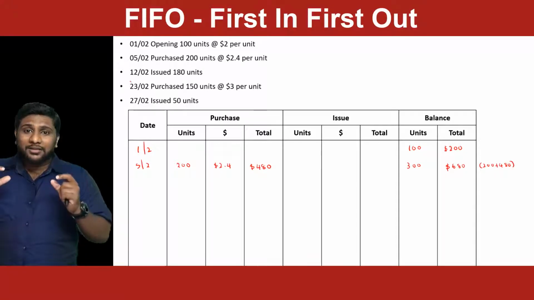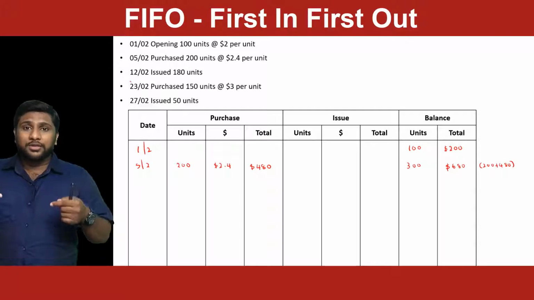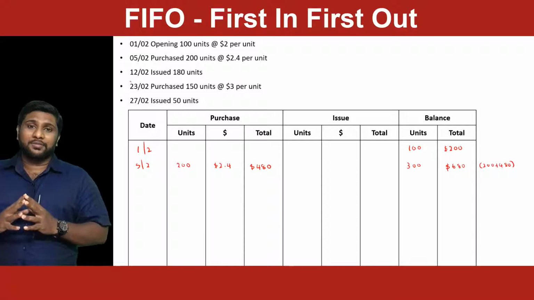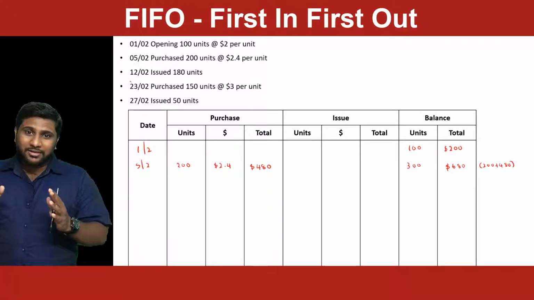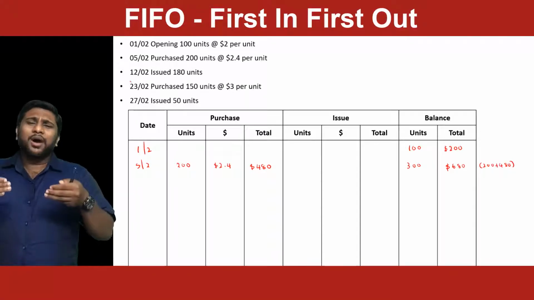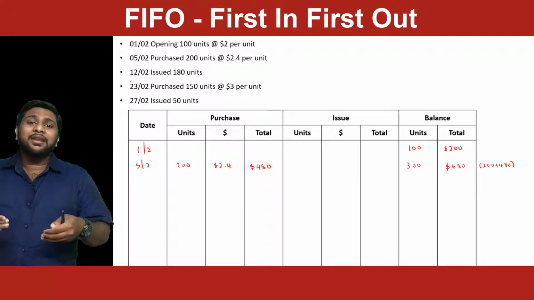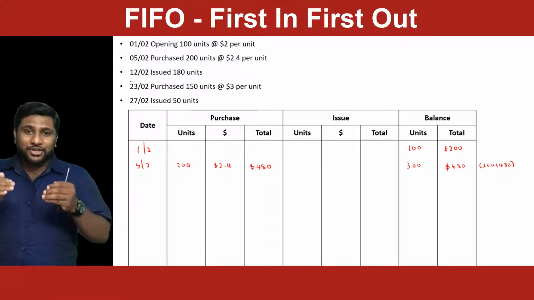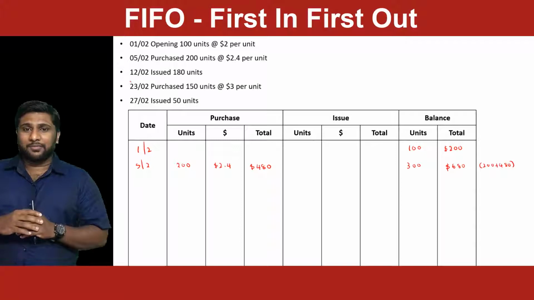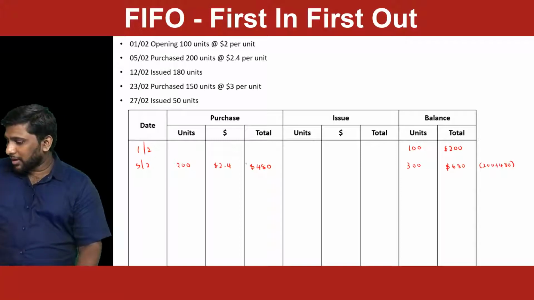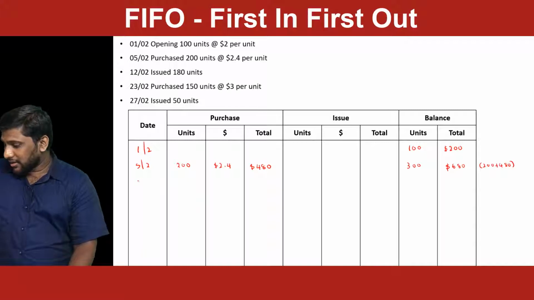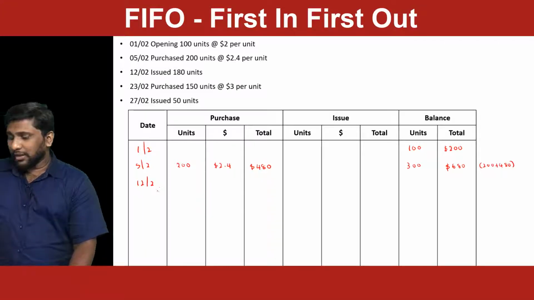So if you ask this question from yourself before making an issuance all the time, you will be able to get the correct answer. What's the question that you should ask before making an issuance? What's the material that I received first? So issue that material first. So I will have to issue how many units in this particular question? 108 units, 12th February.